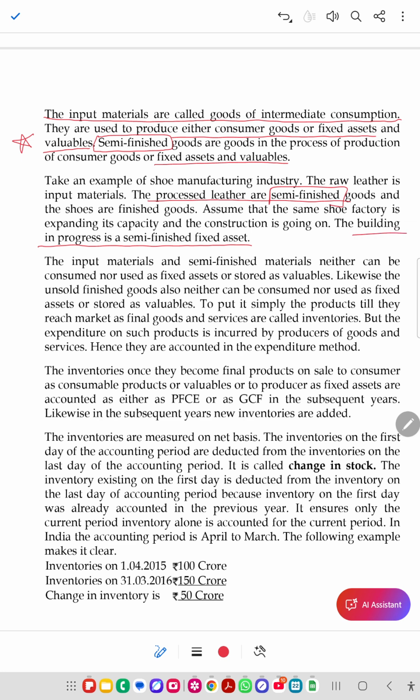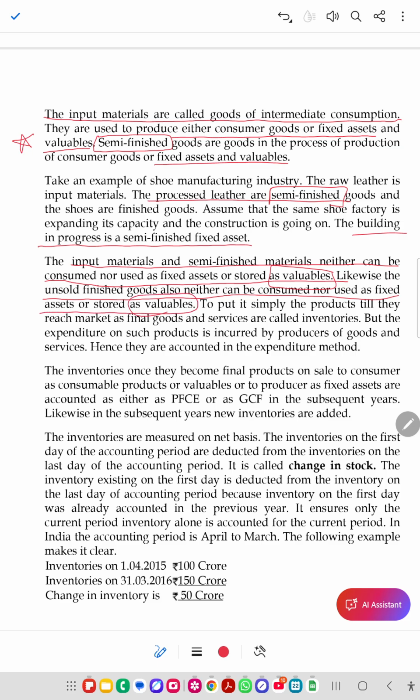The input material and semi-finished material neither can be consumed nor used as a fixed asset or stored as valuables. Likewise, the unsold finished goods also can neither be consumed nor used as a fixed asset or stored as valuables.